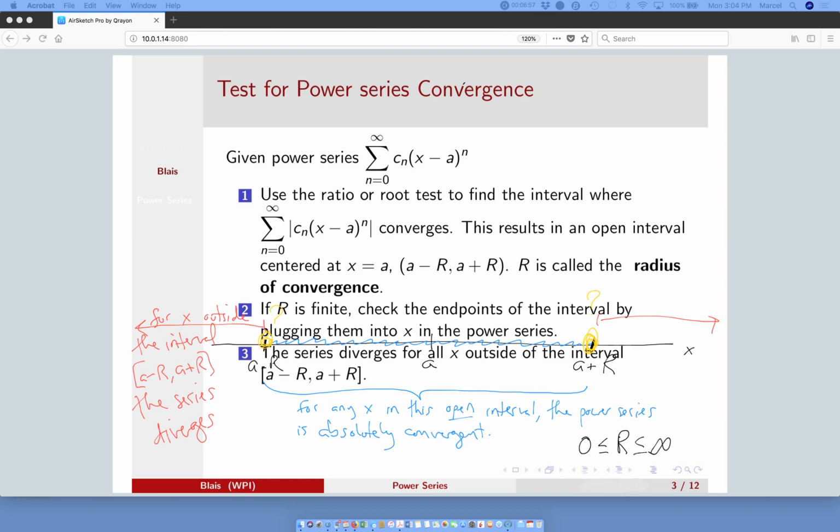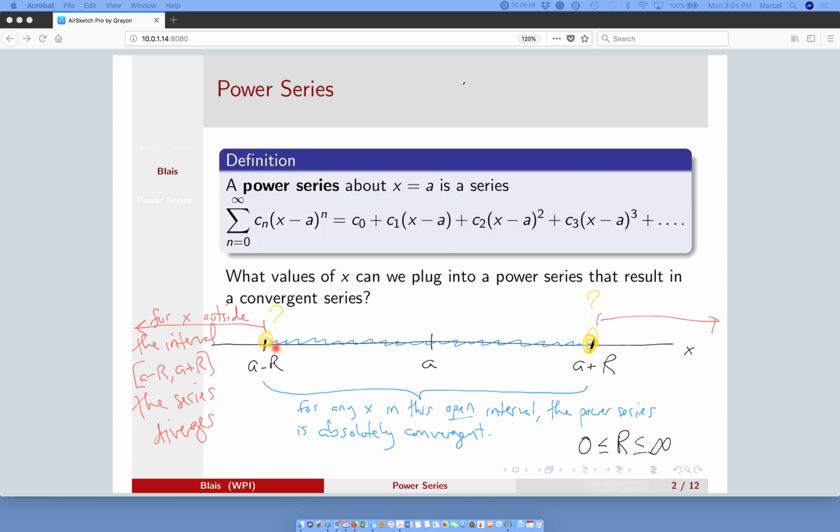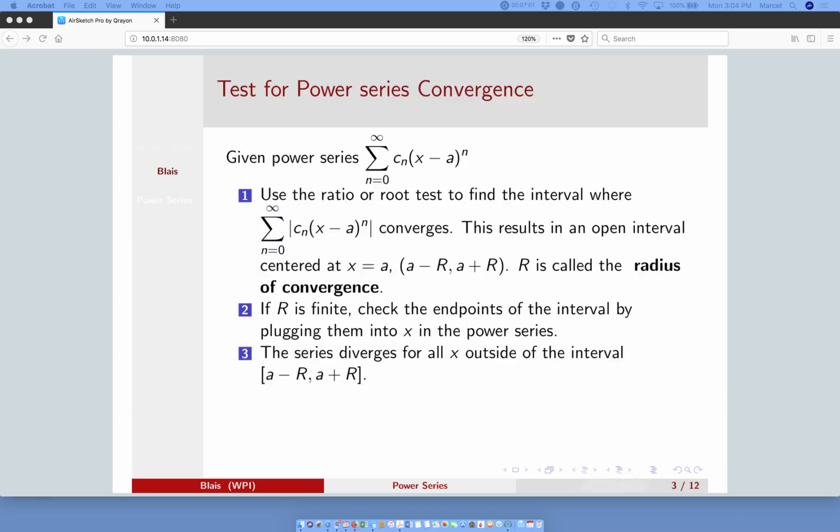So this interval is determined by the root or the ratio test. That gives us that open interval, A minus R, A plus R, on which the power series is absolutely convergent. So see here, we're doing the absolute convergence test on this power series because you see these absolute value signs here. That gives us the interval and the radius of convergence.